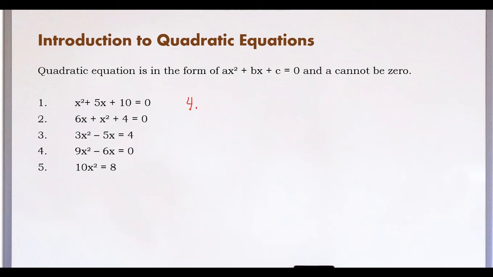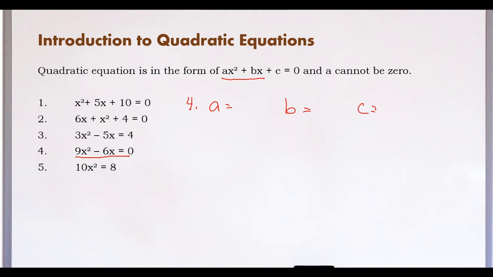We have here 9x squared minus 6x equals 0. As you can see, this is already in the pattern: the quadratic term first, and afterwards the linear term. That's already in standard form. So let us identify now the values of a, b, and c.